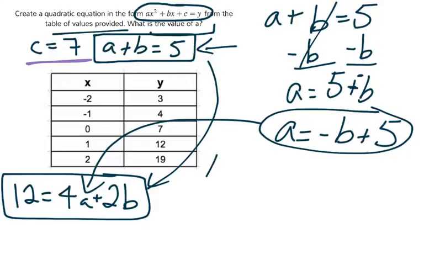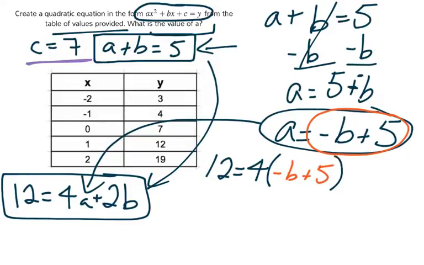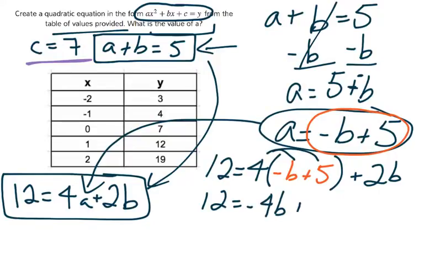Okay, so here we go. 12 equals 4 times, and a, remember from right here, is negative b plus 5, plus 2b. Now we simplify. 12 equals, I need to distribute that 4, so I get negative 4b. 4 times 5 is plus 20, positive 20.